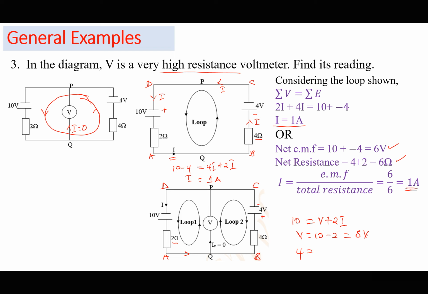Sum of PDs. C to B, remember the current I was flowing in this direction from the previous circuit, so the PD is negative, so it will be negative 4 times I. Then Q to P, the PD is positive, so it is positive V. So when I substitute for I, remember I was 1, it means 4 is equal to negative 4 times 1 plus V, which still means that V is going to be 8 volts.